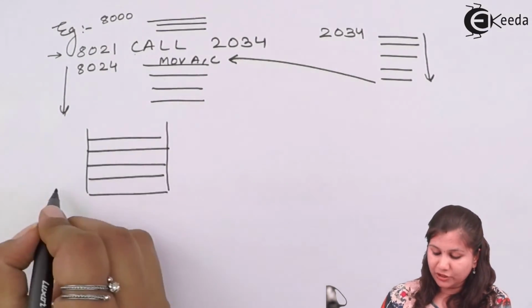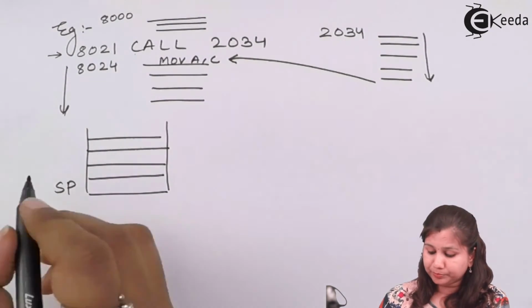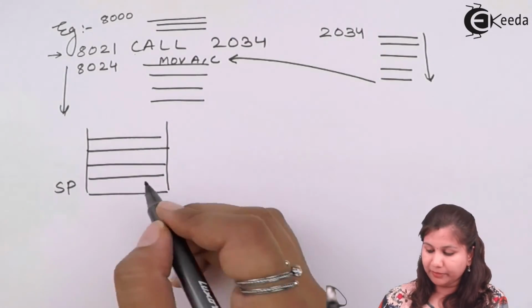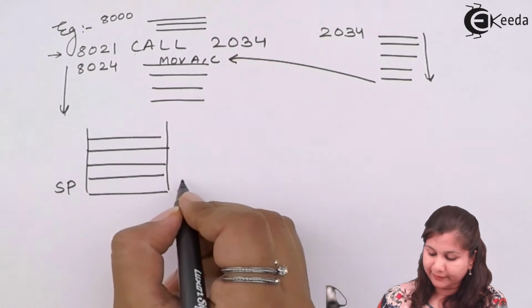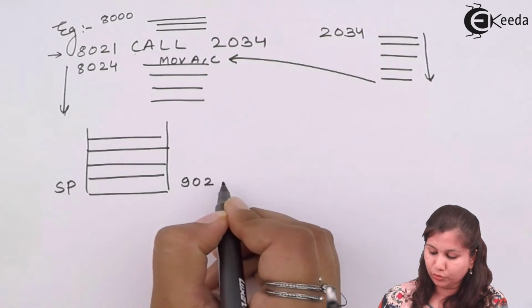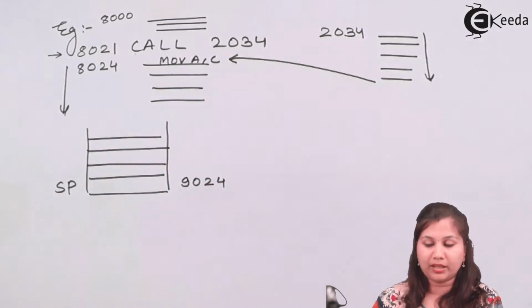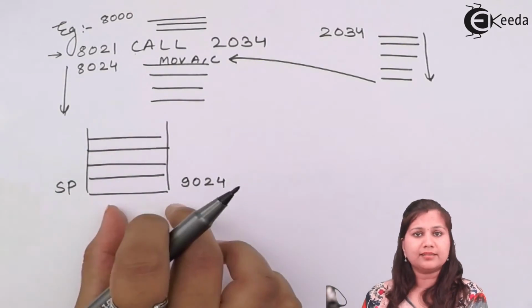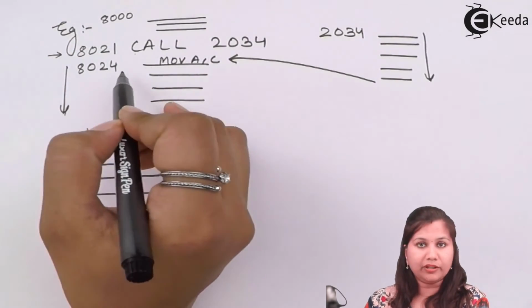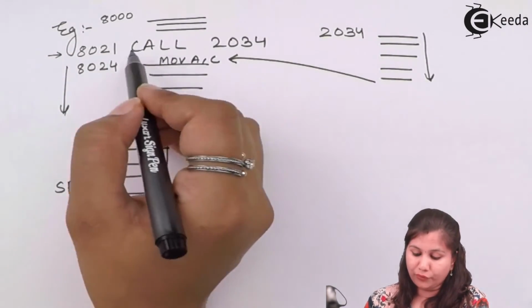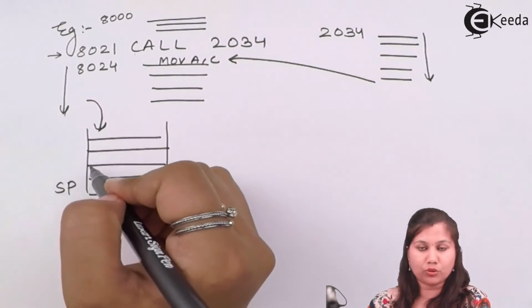Now the stack is initialized by the stack pointer SP, and suppose at some memory location, say 9024, we have initialized the stack. Now we have to store the address of the next instruction.